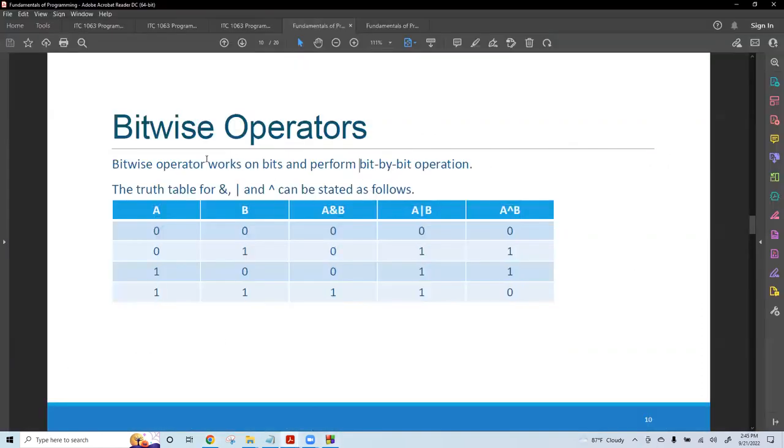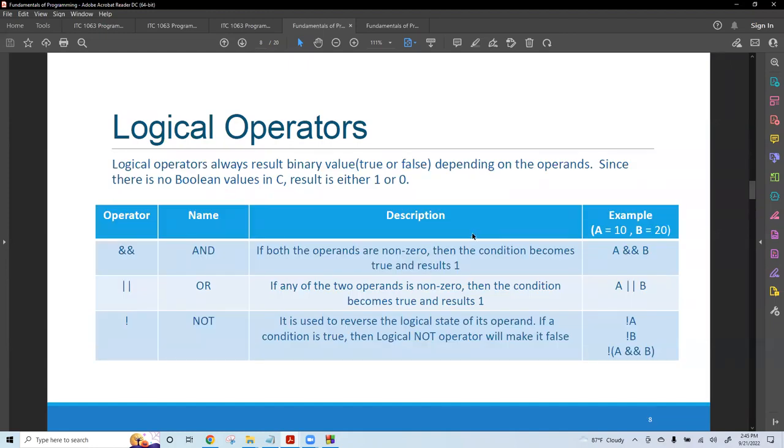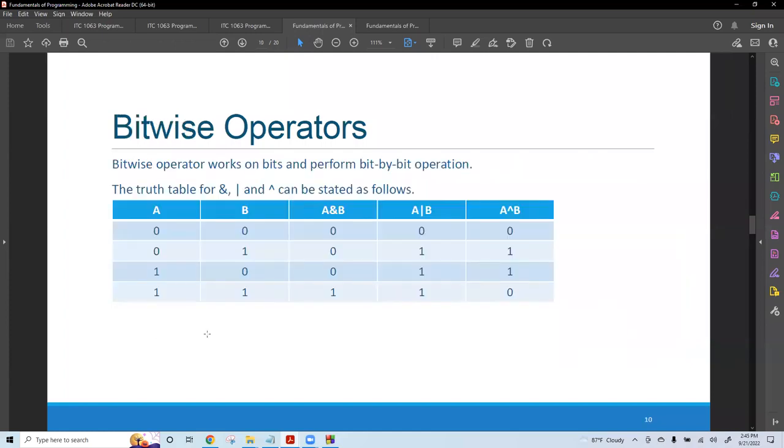So the general bitwise truth table is this, right? So the bitwise operators, the names are the same. We have and, or, not for the complement, right?